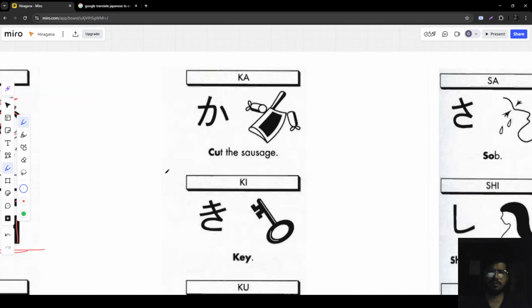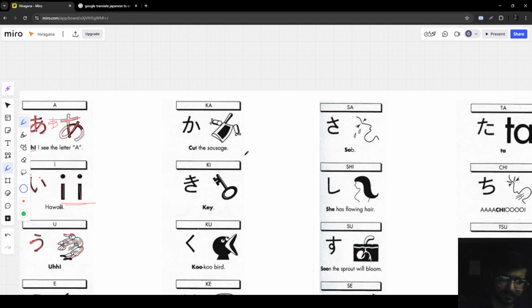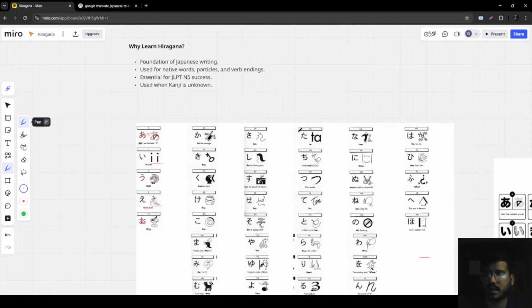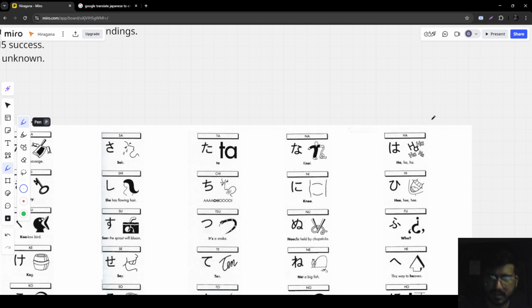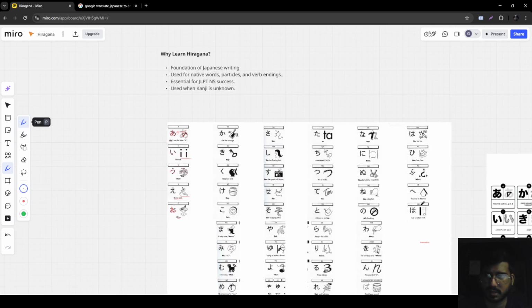And then we have to start with the characters. So, what are these characters called? Ka, sa, ta, na, ha. What are these characters called?